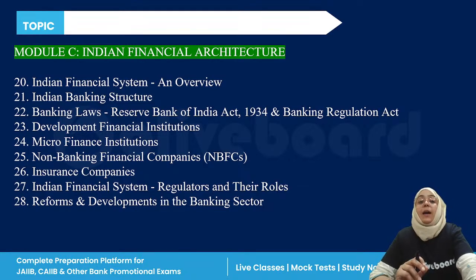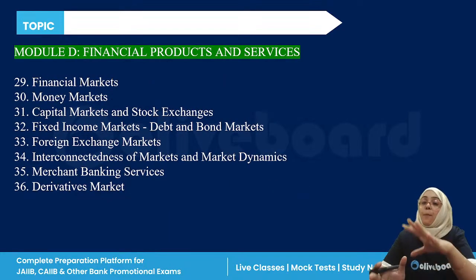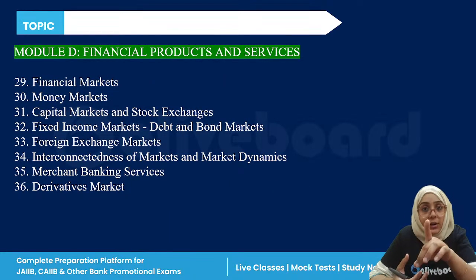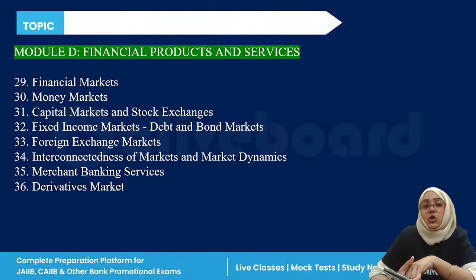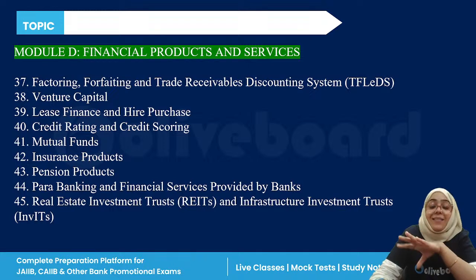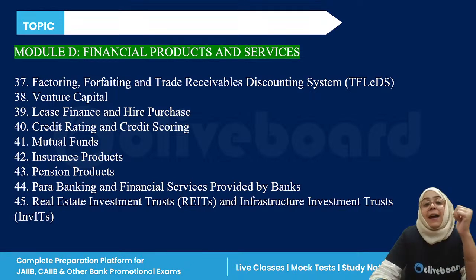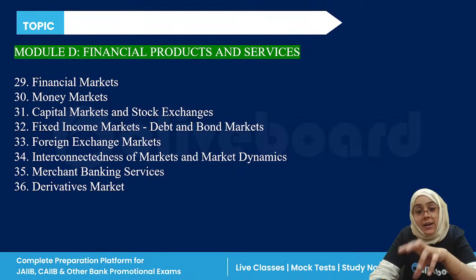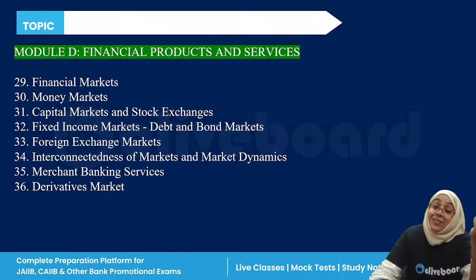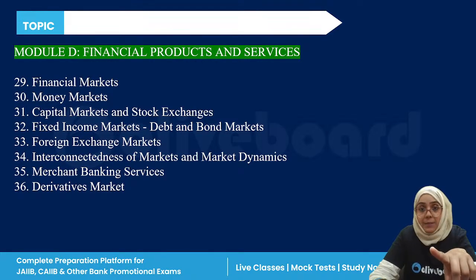Now comes Module D, which is the most important module. Important, I have said, not toughest. It is not tough, but it is important because it is the lengthiest module. In this, we have chapters like factoring, forfeiting, venture capital, money market, capital market, and derivative markets. So you will find a mixture of data plus concepts. Some topics are very easy, but some are very important and tough.